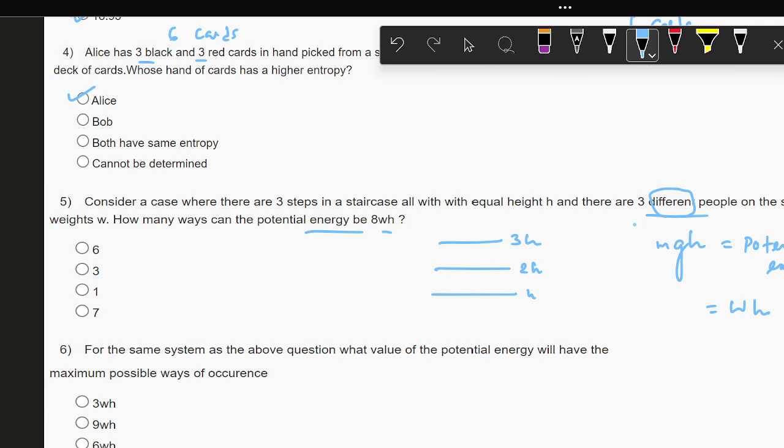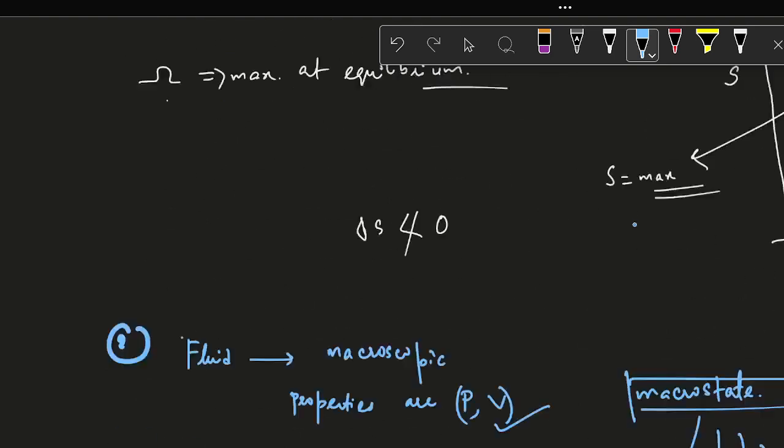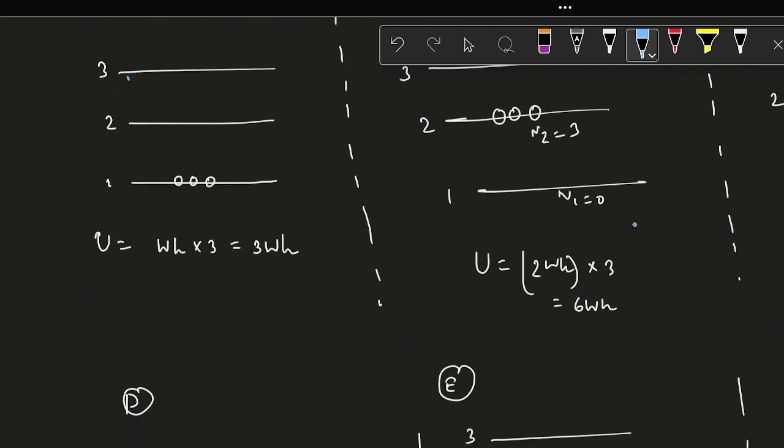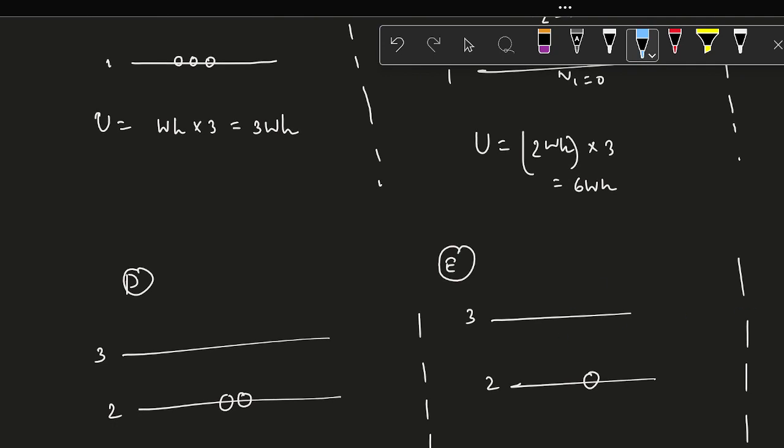So you cannot say that there is only one way possible for 8 Wh, because in this 8 Wh configuration also, these circles are not identical circles. Here they are looking identical because I have identified them as circles, but they are three different people, so let us give them names A, B and C.